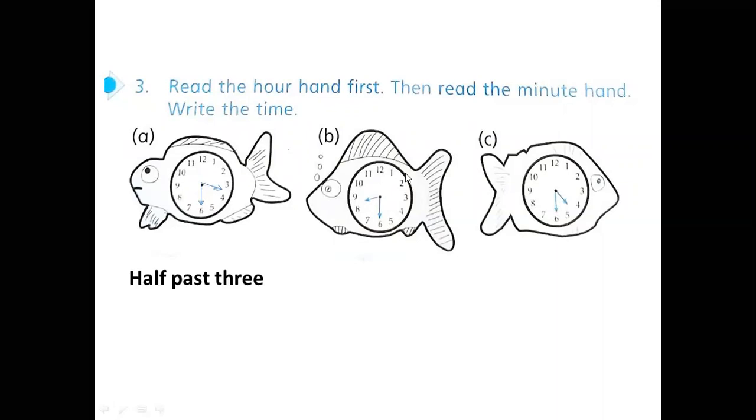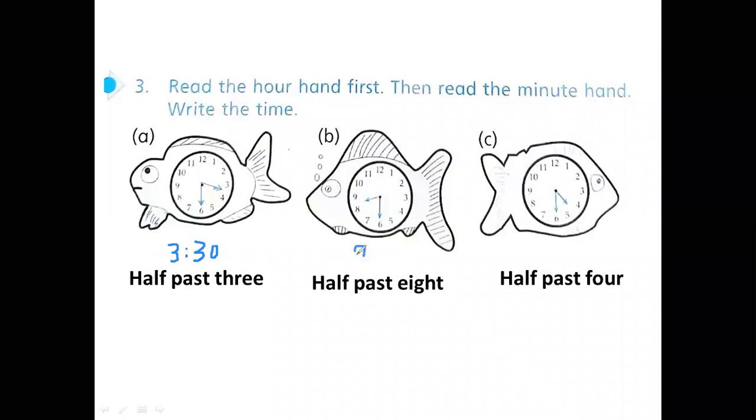So the first time will be half past 3, or you can write 3:30. Next is half past 8 and here half past 4.